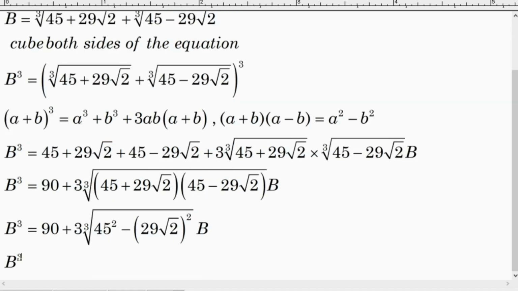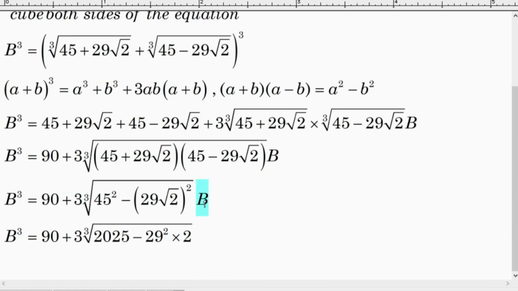B cubed equal to 90 plus 3 times the cube root of 45 squared, which is 2025, minus 29 squared times the square root of 2 squared, which is 2, times B. Then B cubed equals 90 plus 3, and here we have to calculate the number under the cube root.